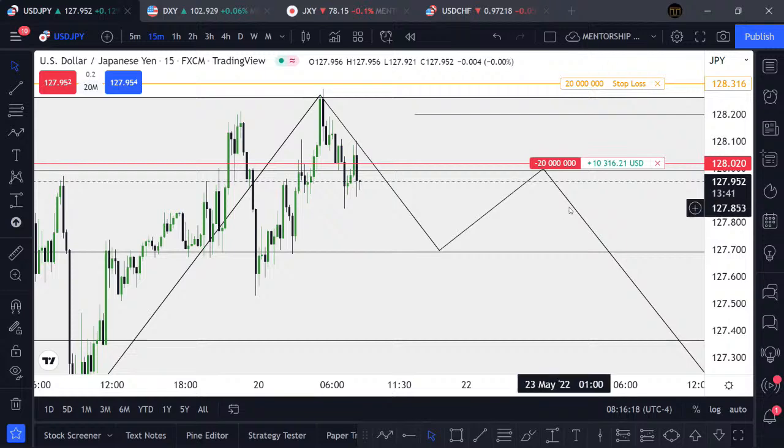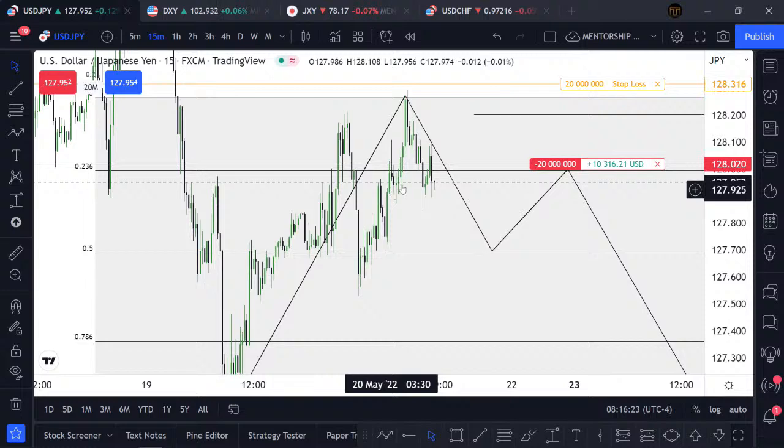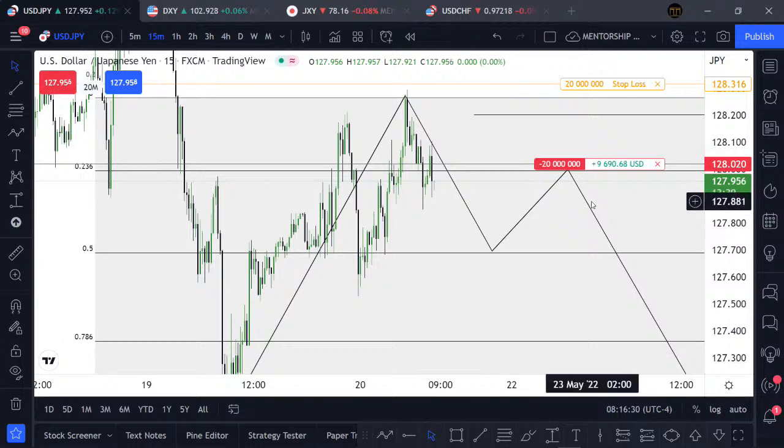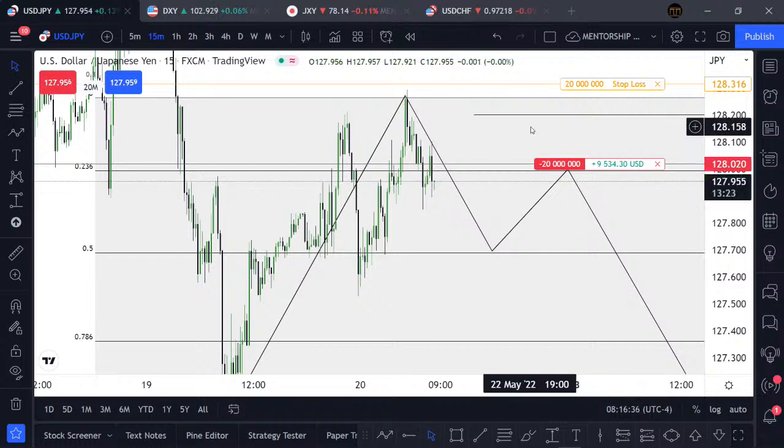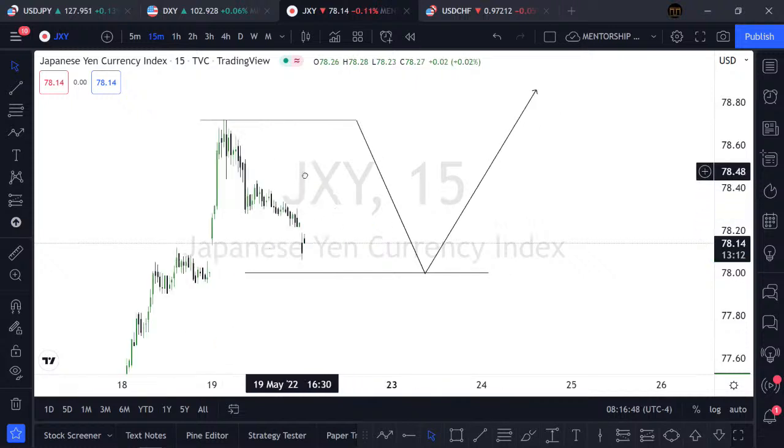Now, USD JPY, this is what I'm looking at. Here we have the JXY, or the yen index.